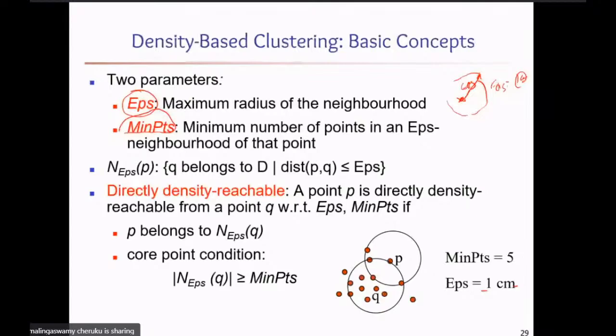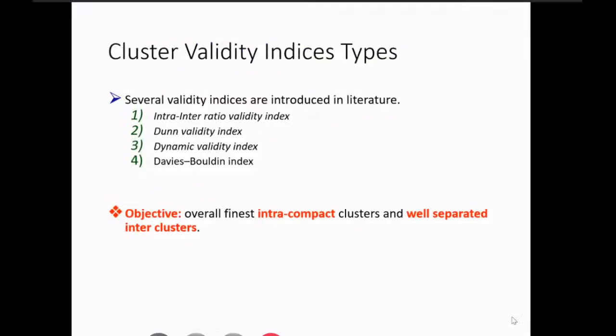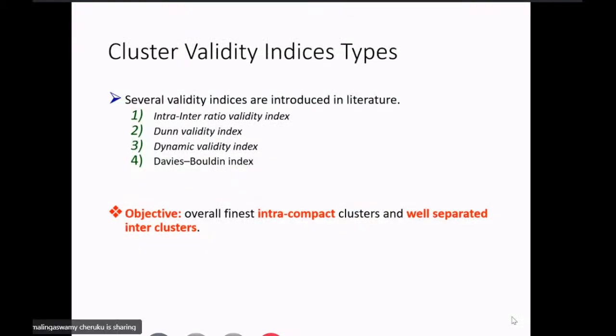In the literature there are many such indices, but for today's discussion I have taken four cluster validity indices. One is the Dunn index, another is the Davies-Bouldin index.